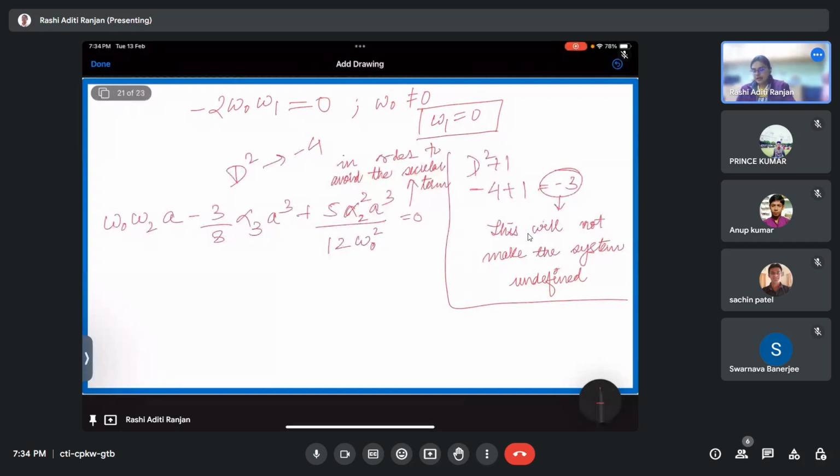So as you can see, I have a cube on both sides. So I can use this in order to get the expression.